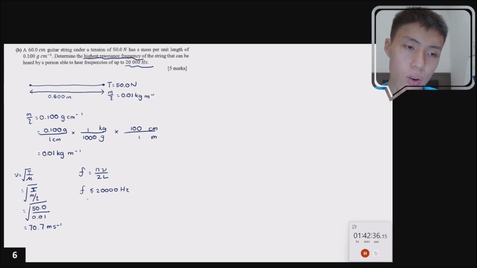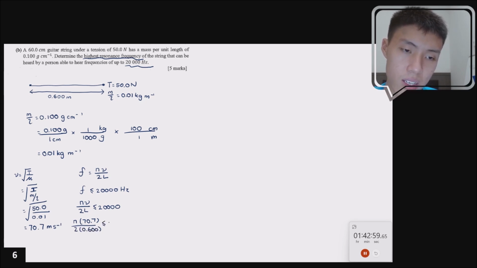Therefore, nv over 2L must be less than 20,000. You want to find n here. You have your 70.7 from just now, and the length of your string is 0.600.